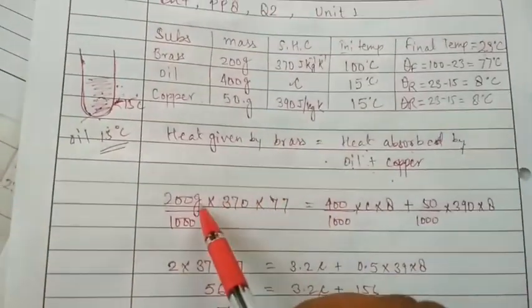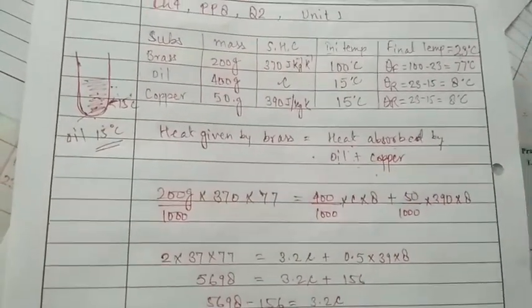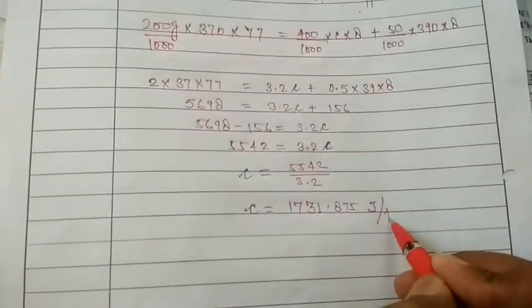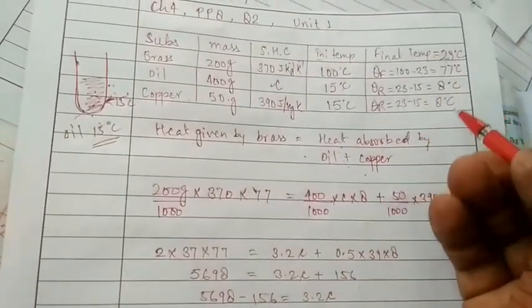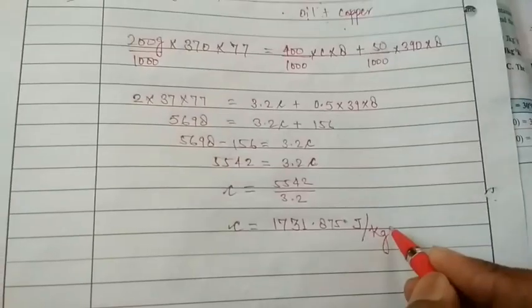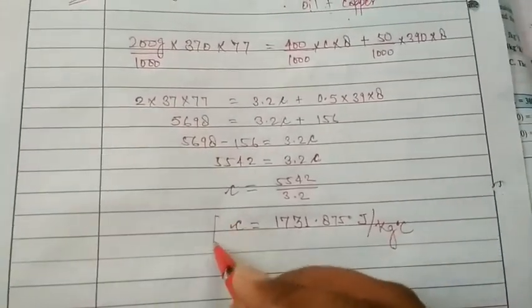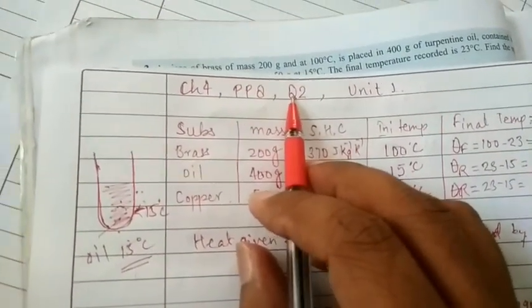I have converted at every place into kilogram, so we will write directly joule per kilogram. And the temperature change is common, you can write in degrees Celsius or Kelvin also. So I am writing in degrees Celsius. So this is the answer for practice problem 8, question number 2.